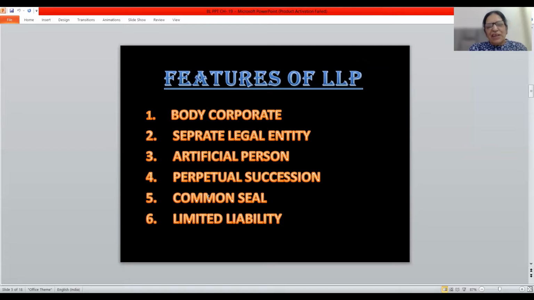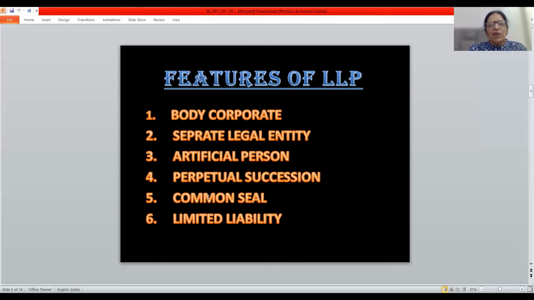So friends, I will explain these points. If a salient features question is asked, you have to write all these 6 points with explanation. And if the question is asked on features of LLP, then depending upon the marks of the question, you will have to write the answer.